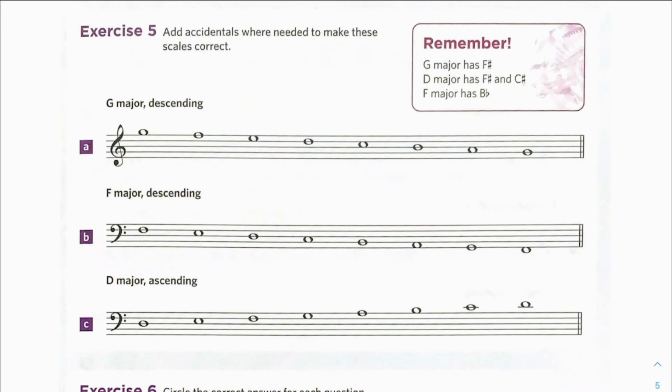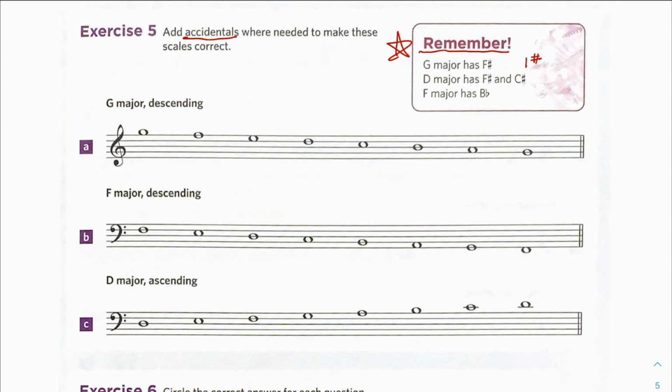Exercise 5. Add accidentals where needed to make these scales correct. On the box here, it says remember. Now this is something that you have to remember in order to understand all the scales for the exam. G major has 1 sharp, and the sharp is F sharp.